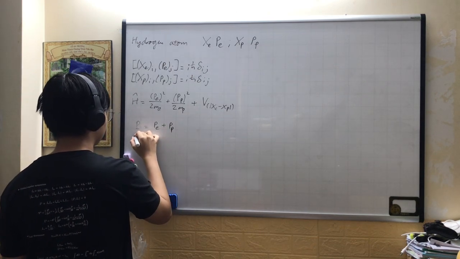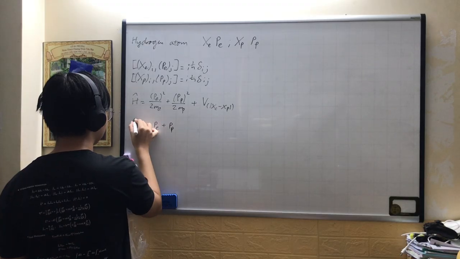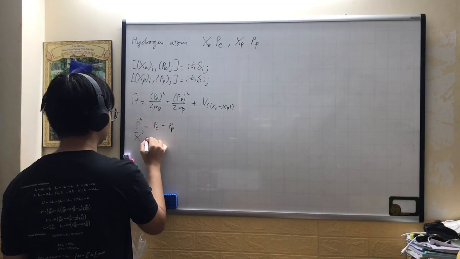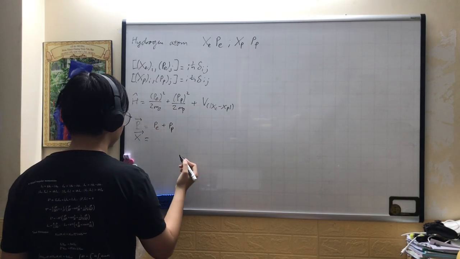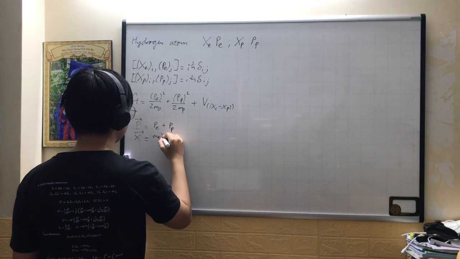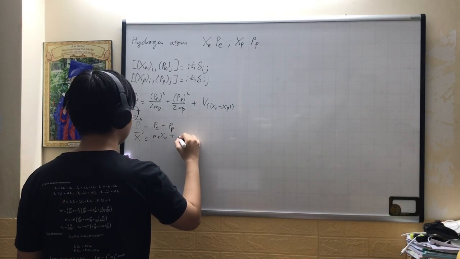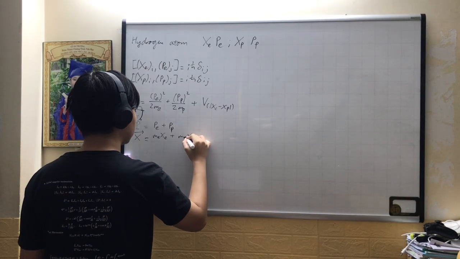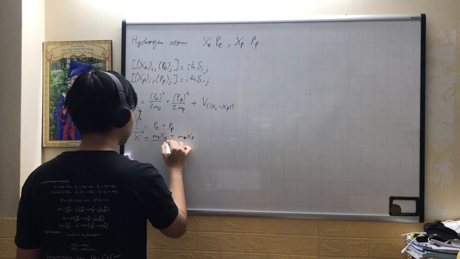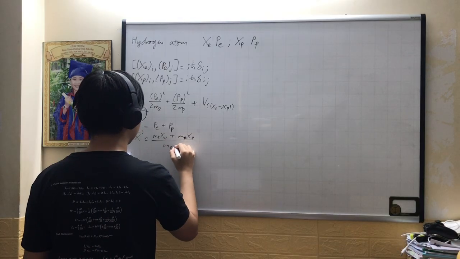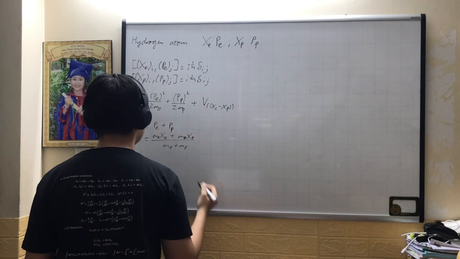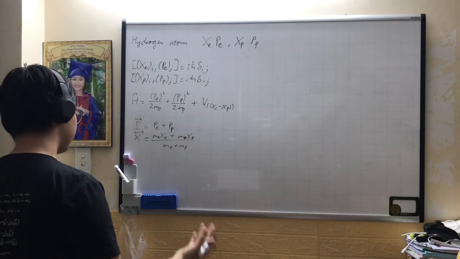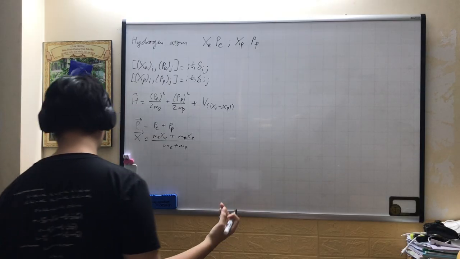Next is the center of mass position, which is not the sum but the weighted sum of x_e and x_p, and we divide this by the sum of the masses.